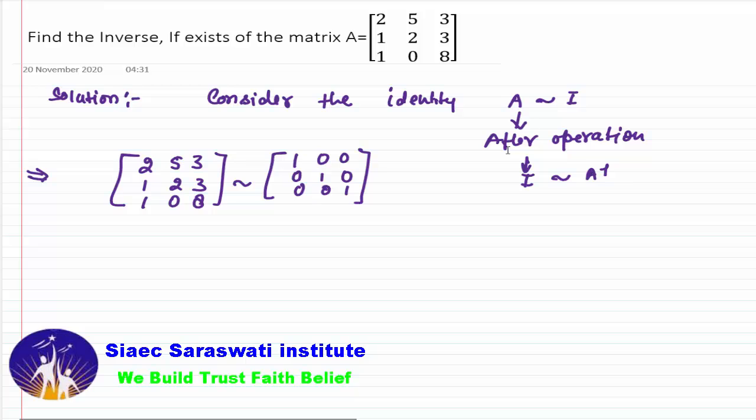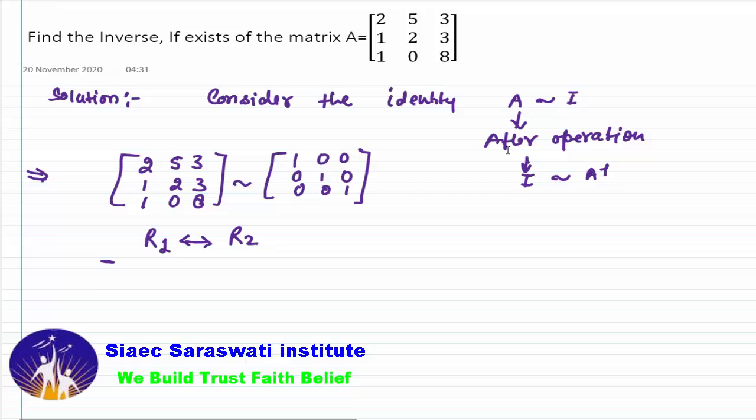Okay, so the target of this, first of all, what we do, the positional element at first row and first column का जो element है that must be 1. So इस 2 को मुझे 1 बनाना है। so उसके लिए मैं यहाँ पे इंटरचेंज करूँगा। So R1 will be interchanged with R2. Okay, so R1 and R2 will be interchanged.